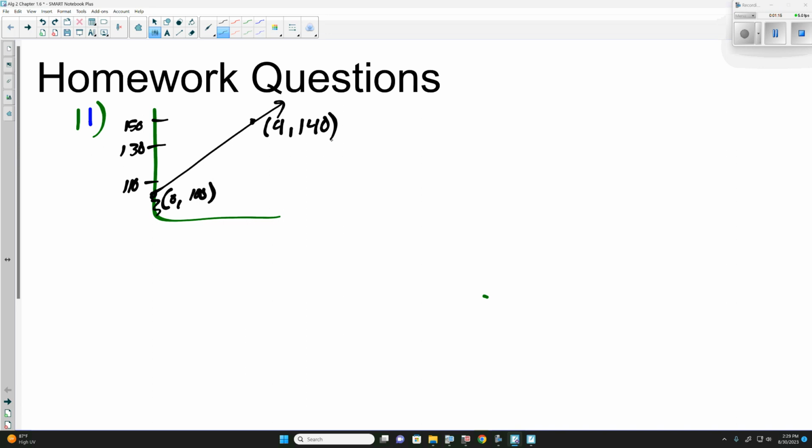Well, here we went over 4 and up 40, yes? So the slope is indeed 10. So there's nothing wrong with that part of the statement. But if we go 7 years out, we're going to go up 70.